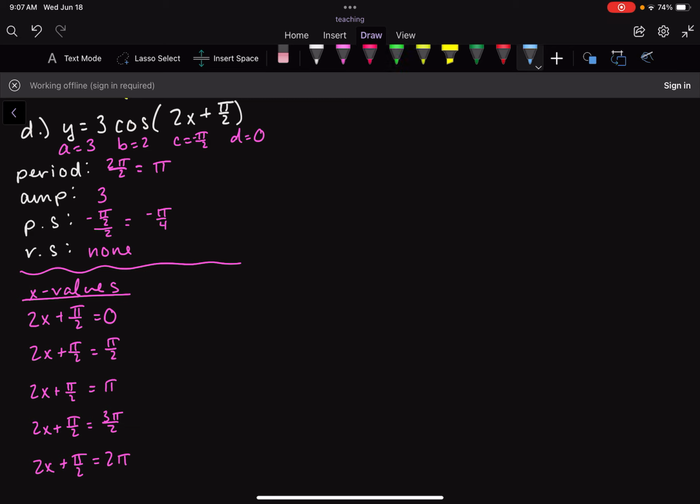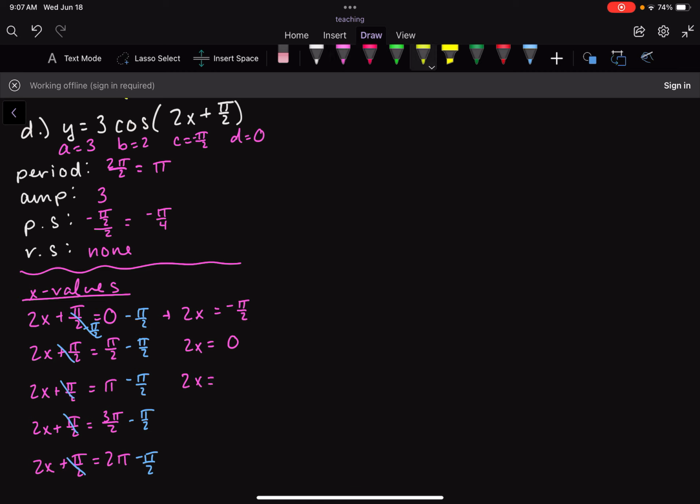So first I will subtract pi over 2 from both sides. And that leaves me with 2x equals negative pi over 2. The next one would be 2x equals 0.